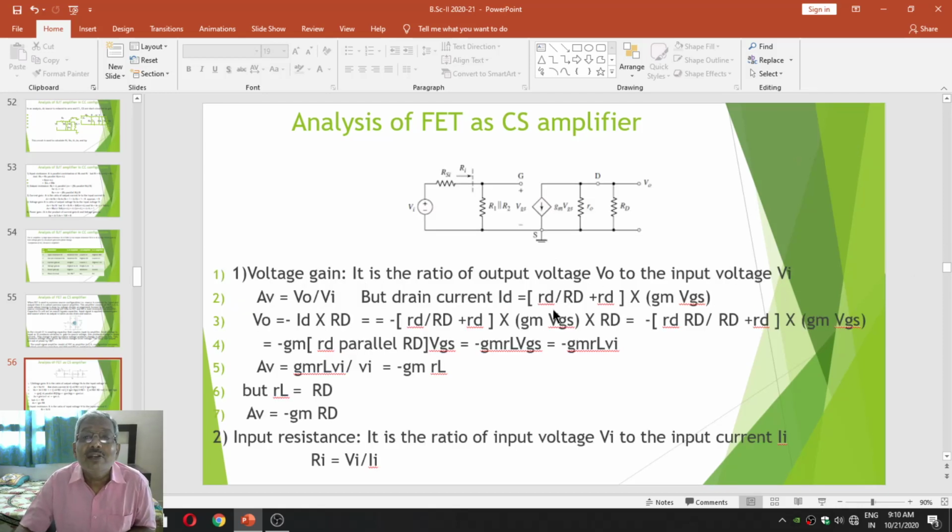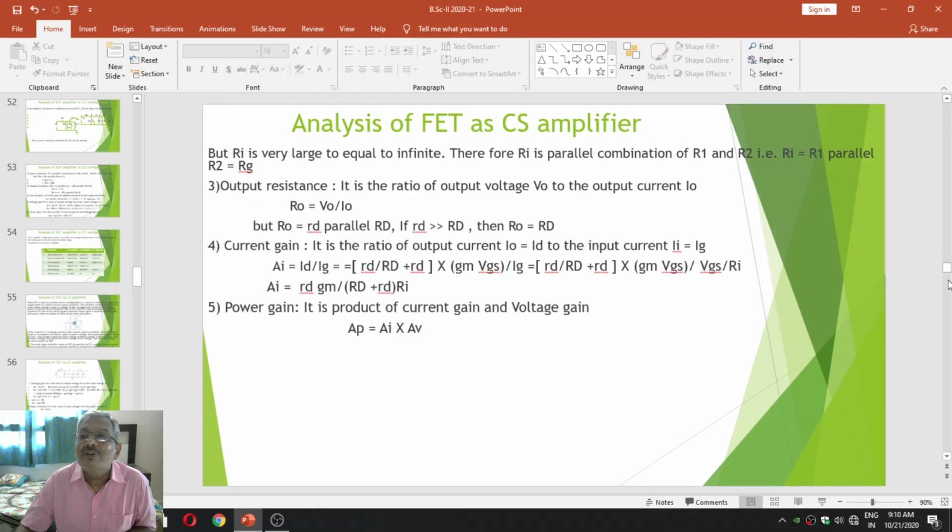By substituting this value, we can write Ai is equal to capital RD upon capital RD plus small rd into Gm into VGS upon Ii. Ii is equal to VGS upon Ri. By cancelling VGS with VGS, we get Ai is equal to capital RD into Gm upon capital RD plus small rd into Ri. So this is the current gain of FET as a common source amplifier.